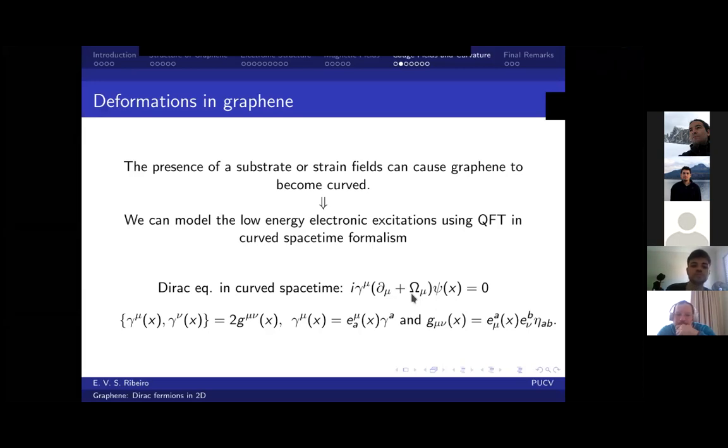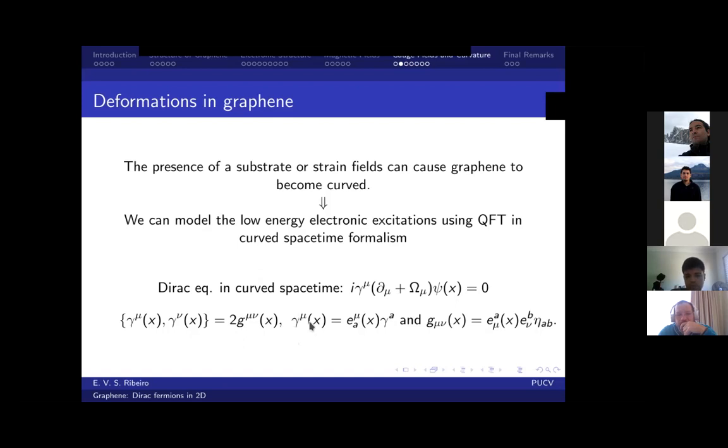So what we will use for that is the Dirac equation in curved spacetime. So it will not be that Hamiltonian we saw first. It's a different Hamiltonian with some different things here. The first thing is that the Dirac matrices have a different anti-commutation relation, and now they depend on the position in space. And here, this is not a flat metric, it's a curved metric.